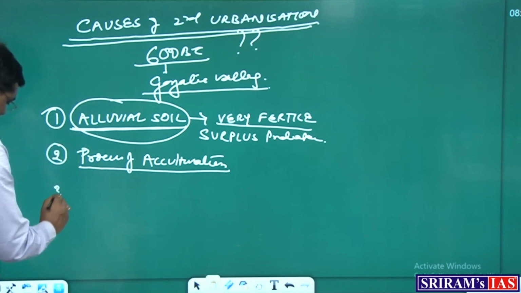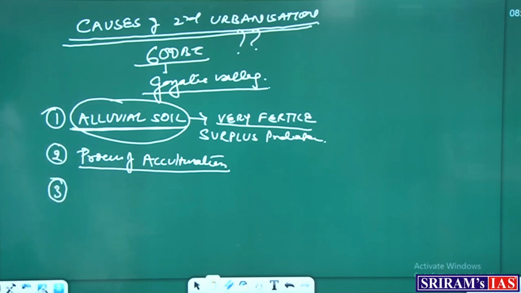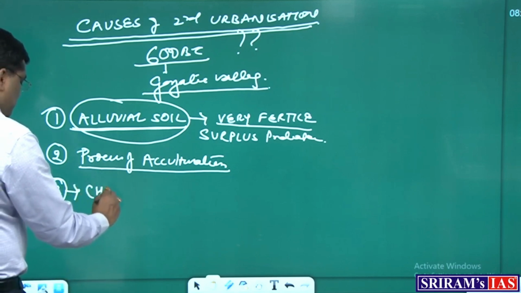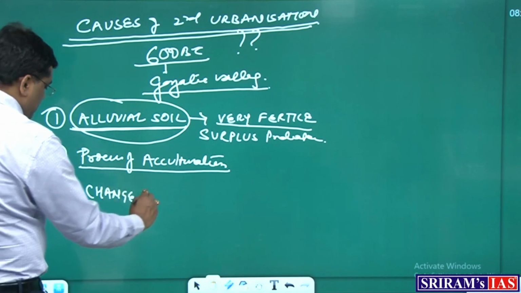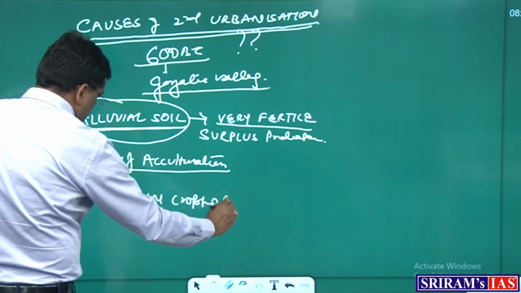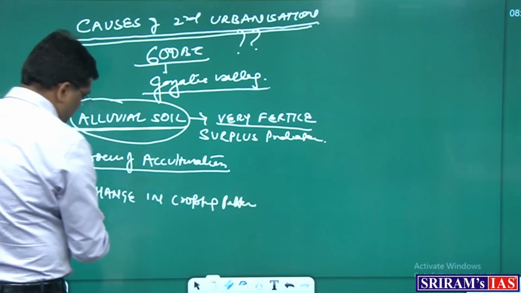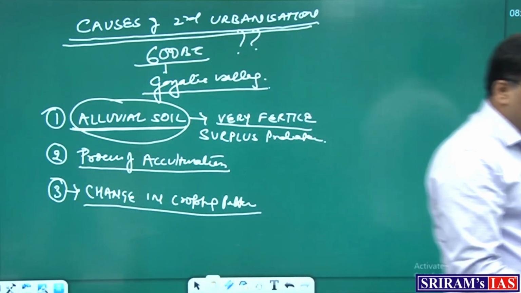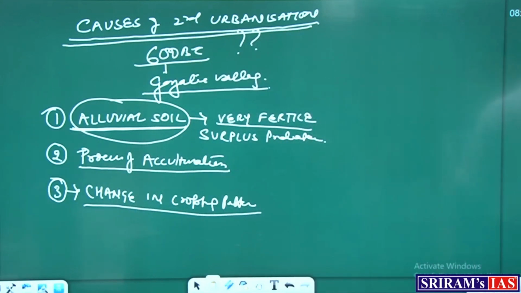Third point, change in the cropping pattern. Eastern India was known for paddy cultivation.